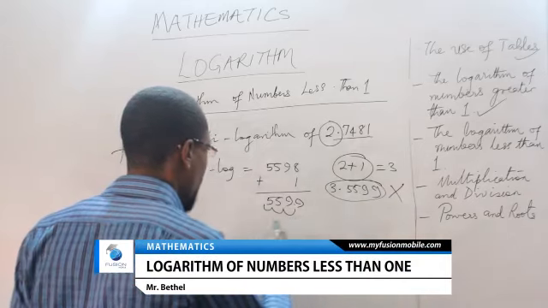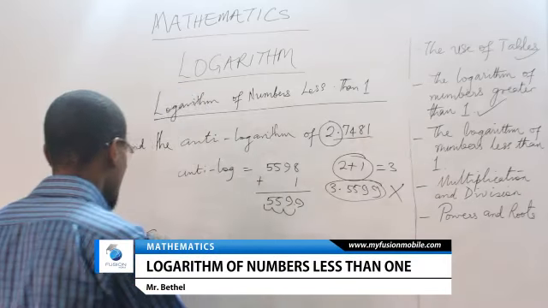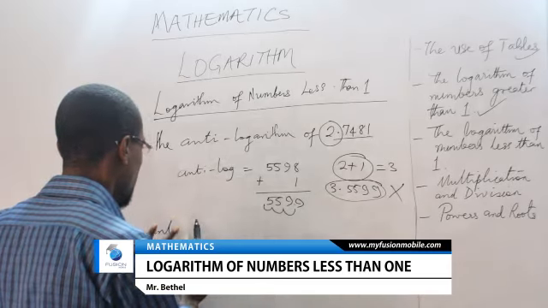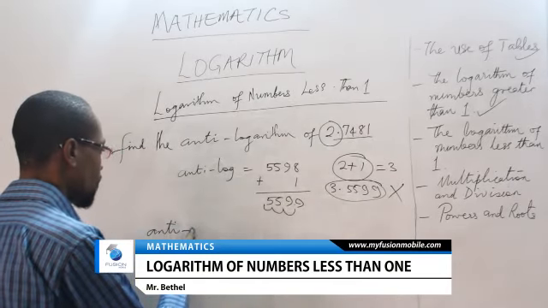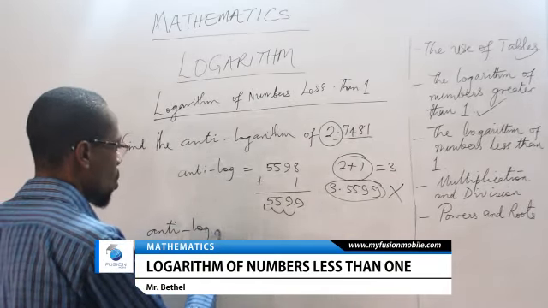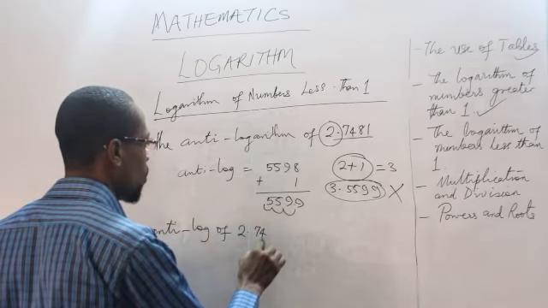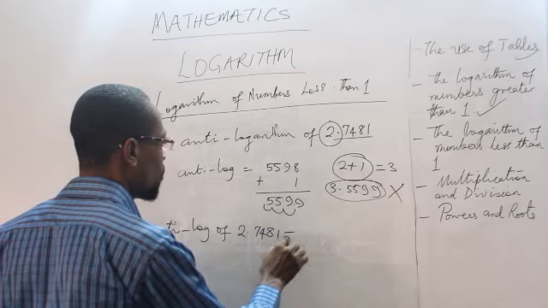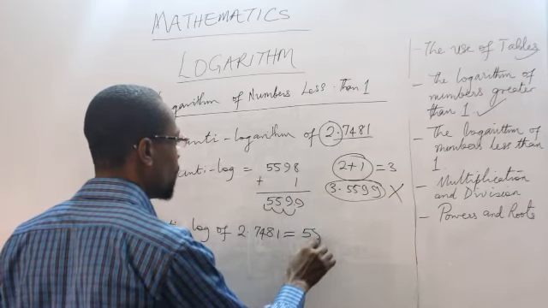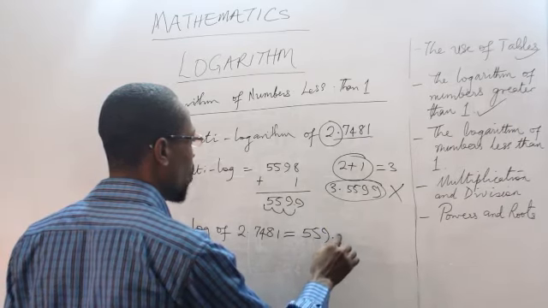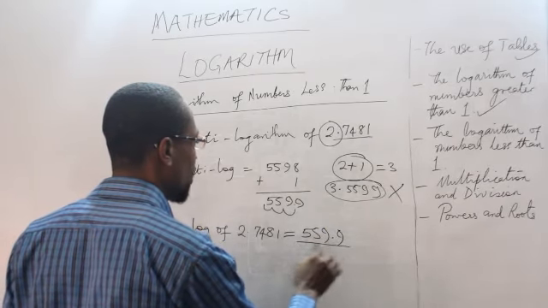So our answer becomes: antilog of 2.7481 is equal to 559.9.